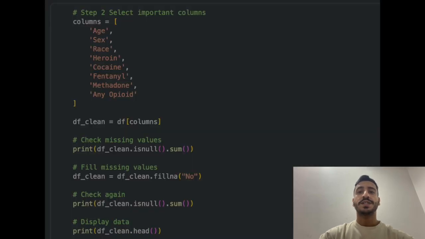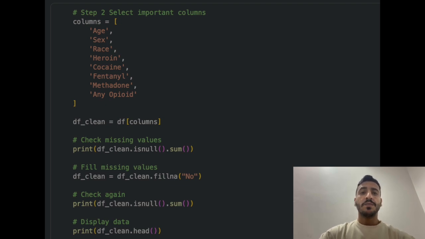analysis. So we move to step 2, which is selecting important columns. In this step, I selected only the relevant columns needed for the analysis. These include age, sex, race, and drug-related indicators such as heroin, cocaine, fentanyl, methadone, and any opioid.